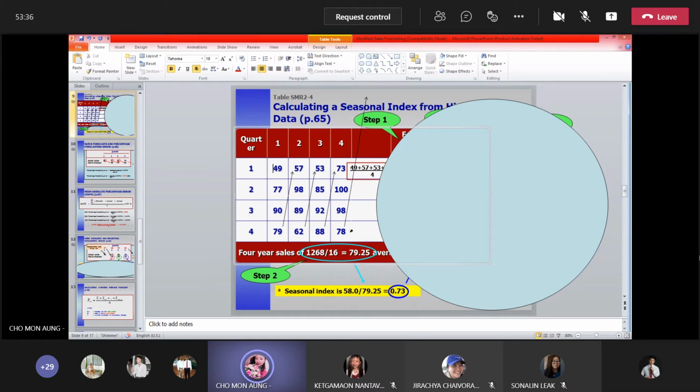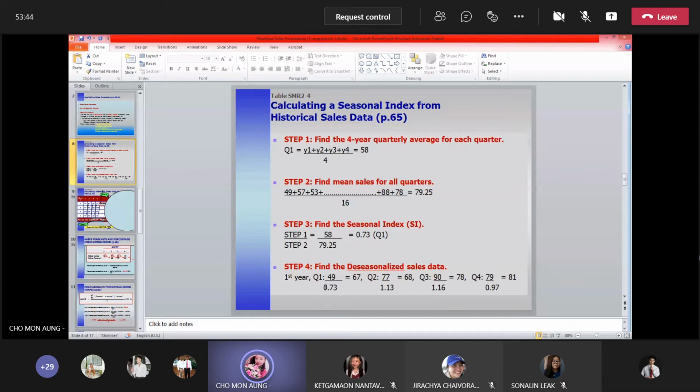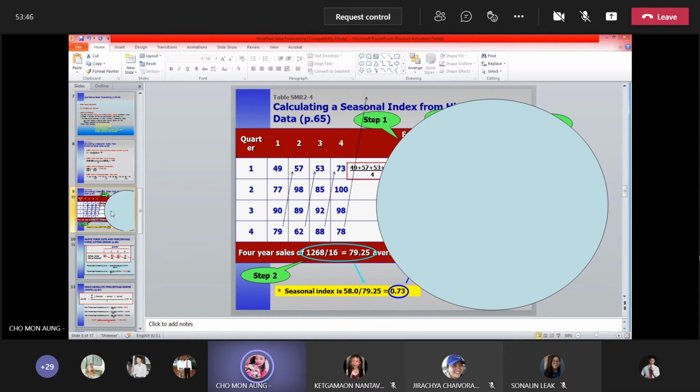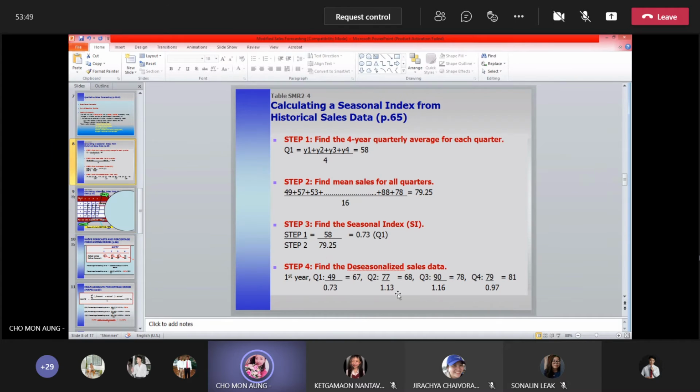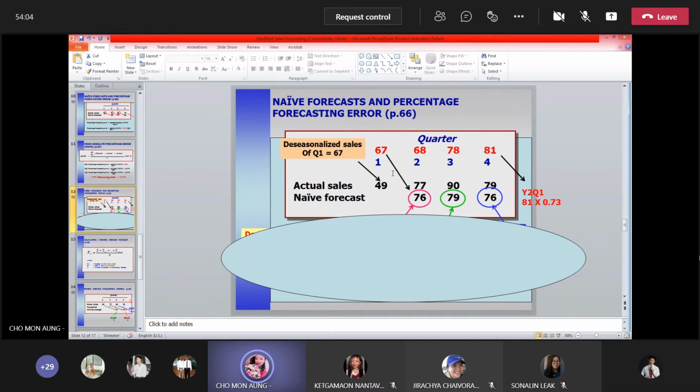Those actual sales data, we have adjusted seasonally already. Remember, for Q1 we consider the seasonal index of Q1, for Q2 we consider the seasonal index of Q2, and so on, right? In this view, with the data seasonally adjusted already, we will be able to get better forecasting numbers.